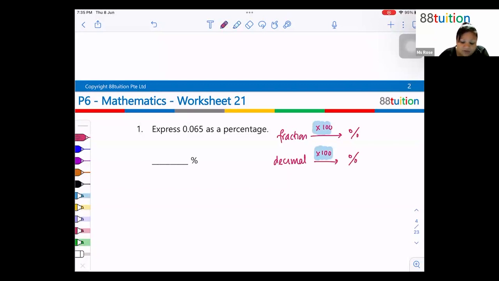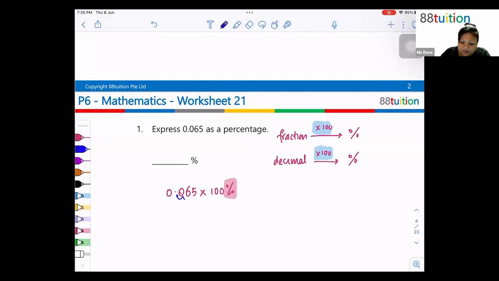In this case, I have the number 0.065. I want to change to percentage, so I multiply by 100%. When you use your calculator, you do not put in the percentage symbol. All you need to do is multiply 0.065 times 100.